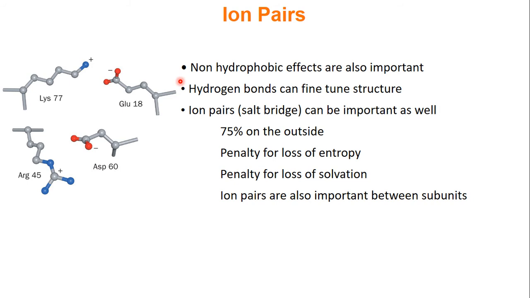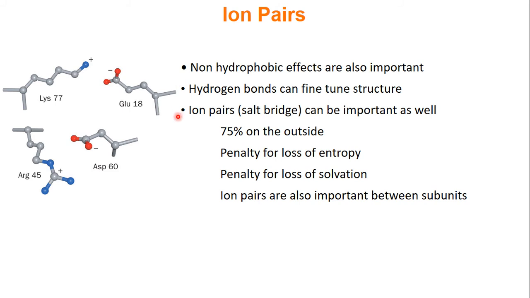And that's because hydrogen bonds in proteins, they can hydrogen bond with the water or they can hydrogen bond with amino acids. So it really doesn't matter if you're folded or unfolded to do that. But they can help adjust the structure. So when a protein's folding, and all the hydrophobic residues are coming together, the structure might have to adjust a little bit to form hydrogen bonds. That's what I mean by fine-tuning.